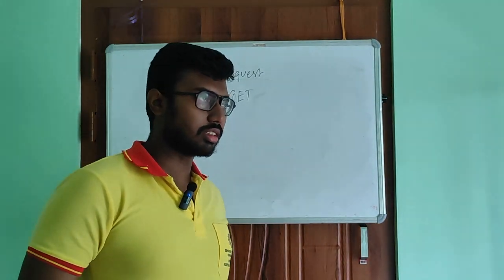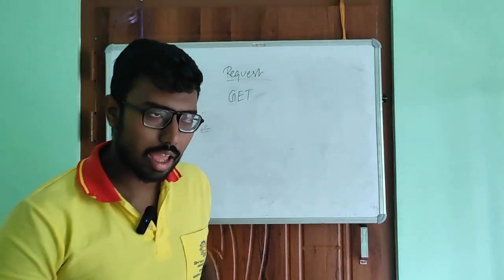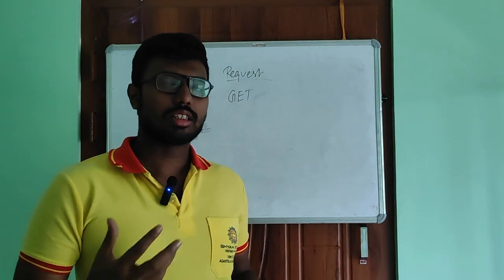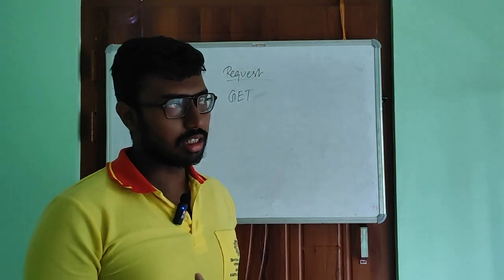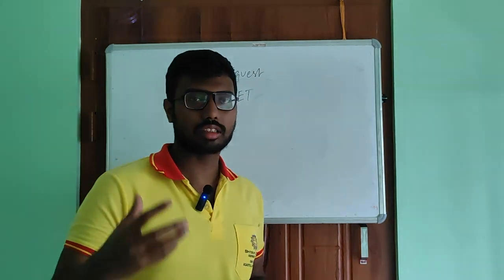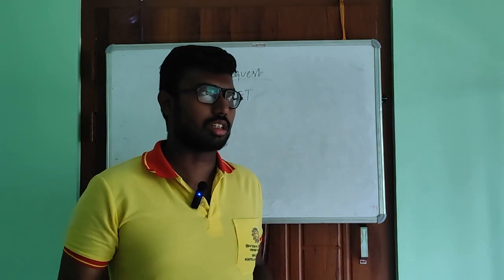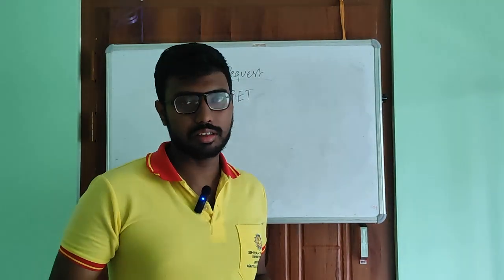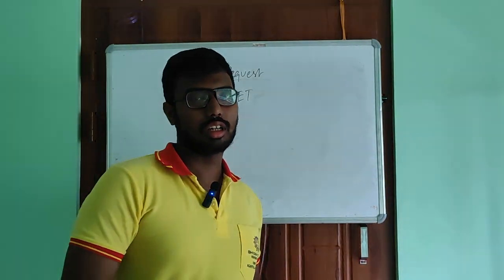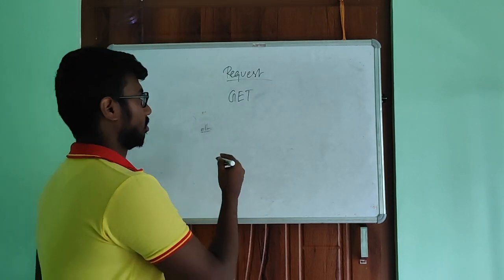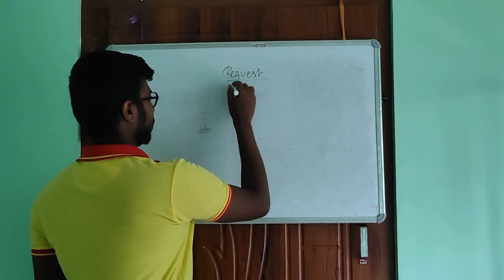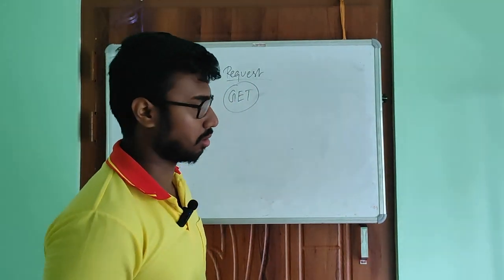So what does this mean? This means that you are trying to access your account on Instagram. You are telling that give me my account. Okay, for example, you are asking your friend, hey, give me your pen, give me your water bottle, give me your notes, like that you are requesting. So this is called get request, okay? Just get it. You can understand from this term itself.